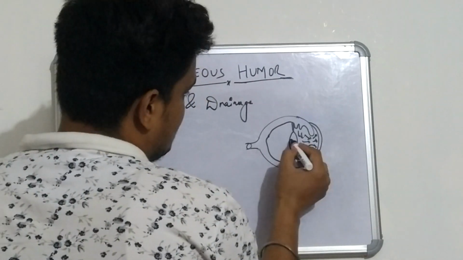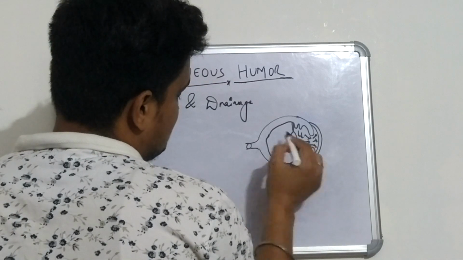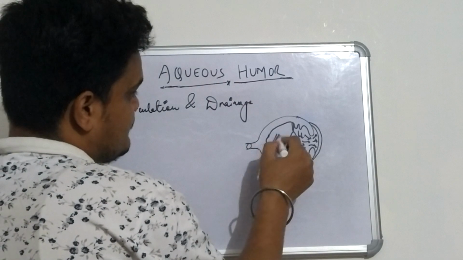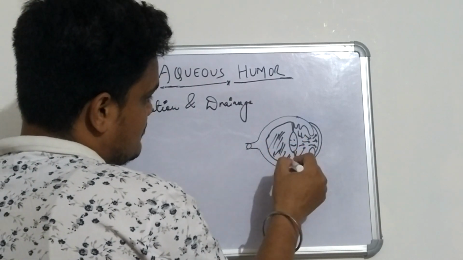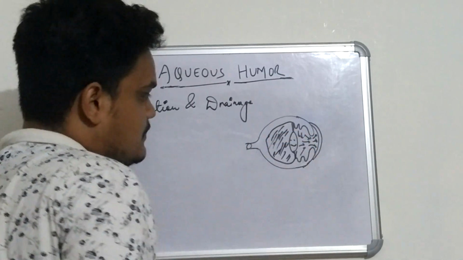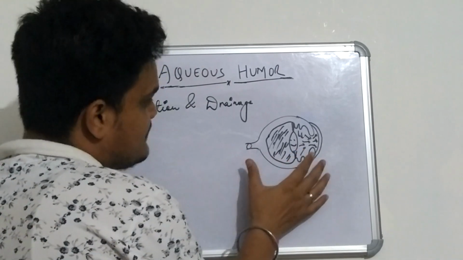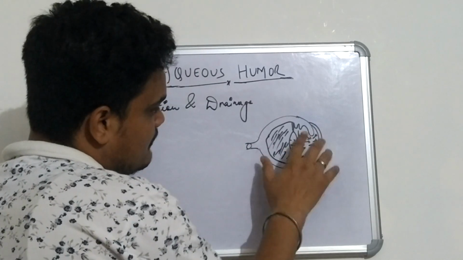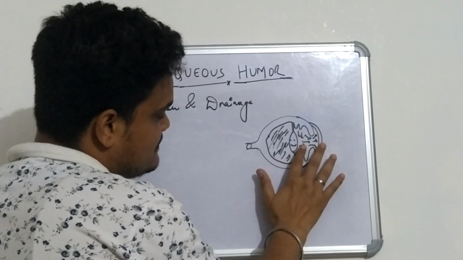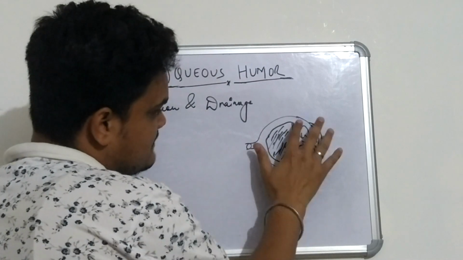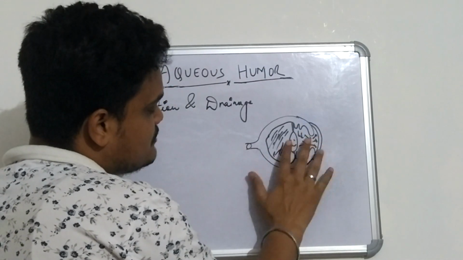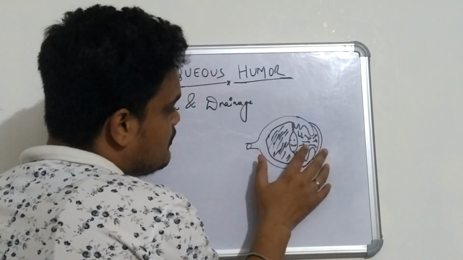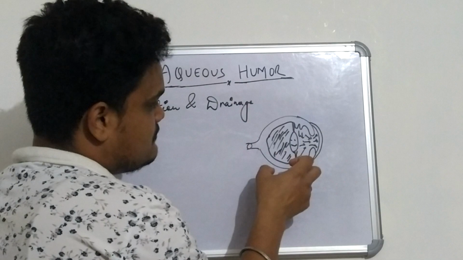So the lens is very happy here because the lens gets its nourishment from the aqueous humor, and also from the posterior part there is a vitreous which provides some nourishment. Basically, the crystalline lens and the corneal endothelium are completely avascular structures, so this aqueous humor will provide nourishment to these two structures and also takes away the waste products from them.